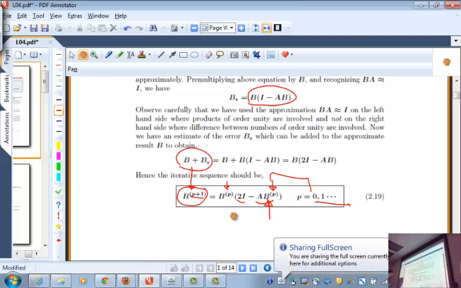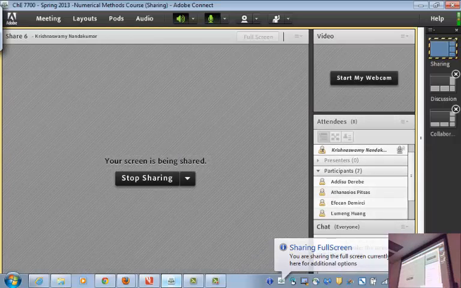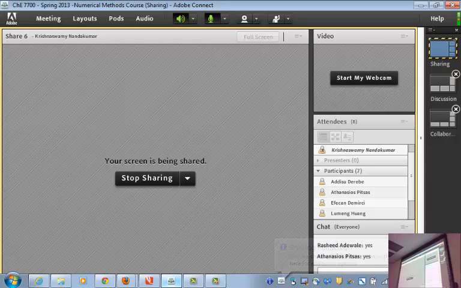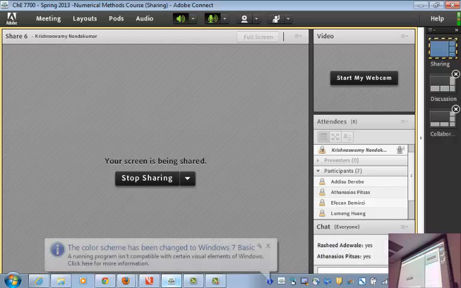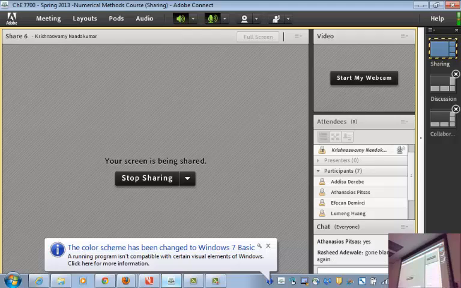Is it okay now? Please do ask me from time to time if the screen goes blank. Every time it seems to have a different problem. So this happens when the network speed is not very high, I think.